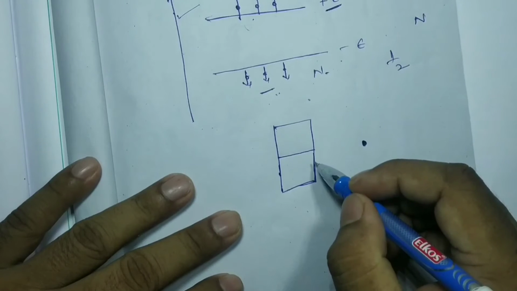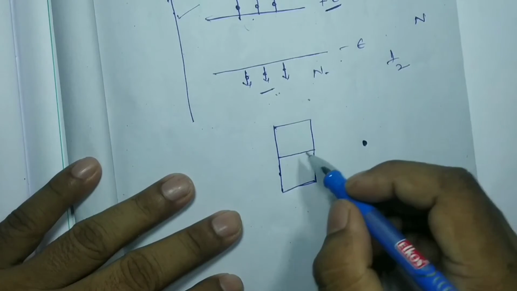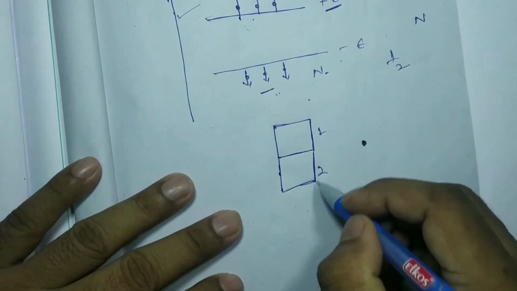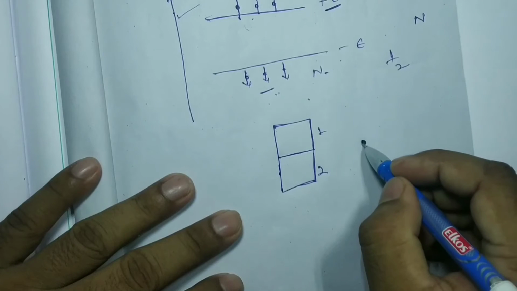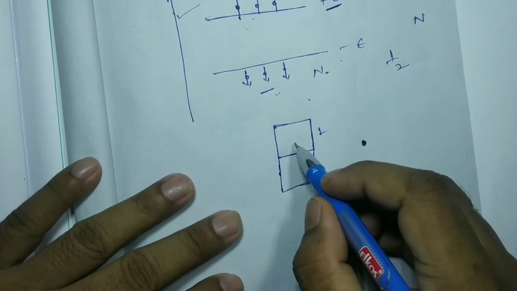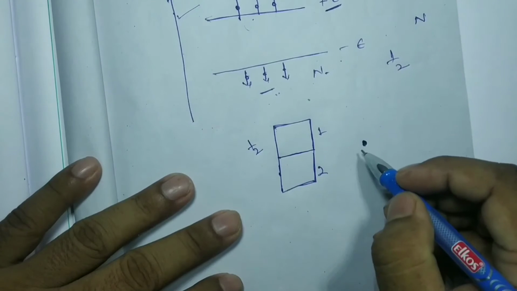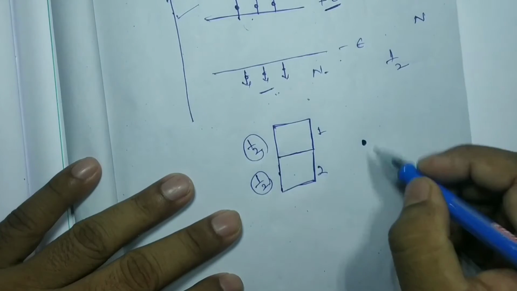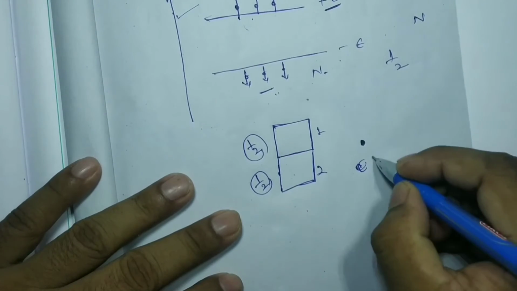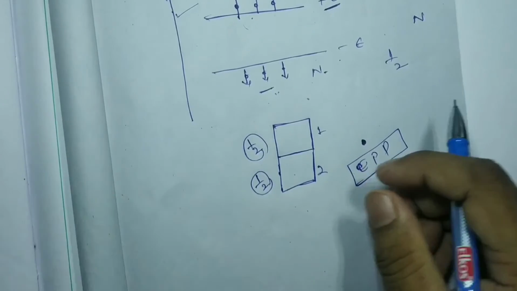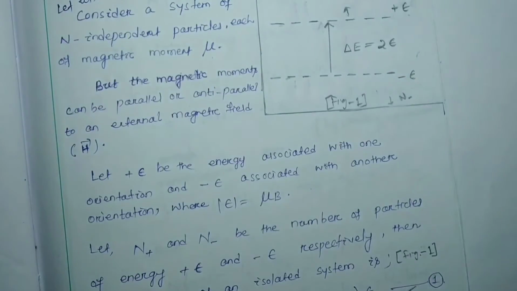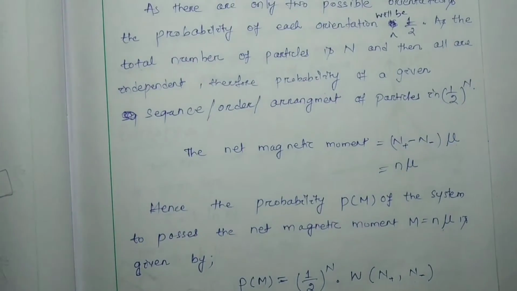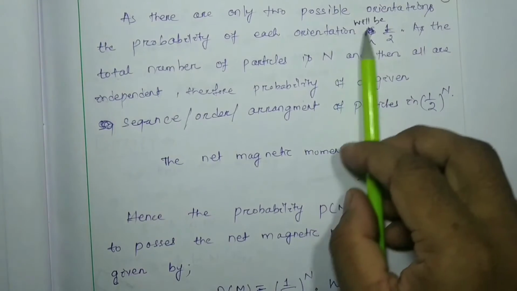On the basis of equal a priori probability, the probability that the particle goes to the first compartment is 1 by 2, and the probability of moving to the second compartment is also 1 by 2, as we discussed earlier. Only for that it is written that the probability of each orientation will be 1 by 2.